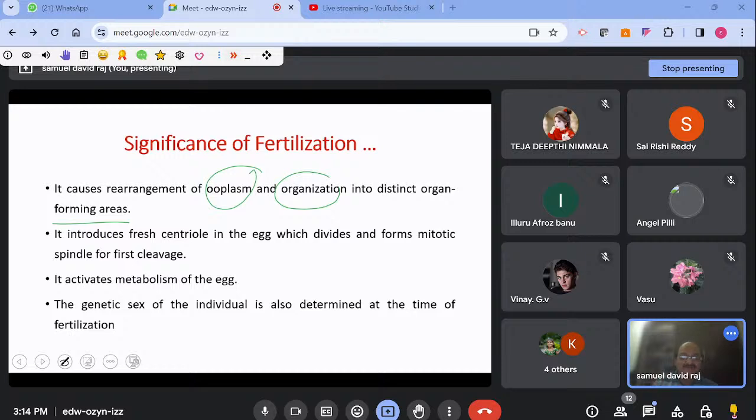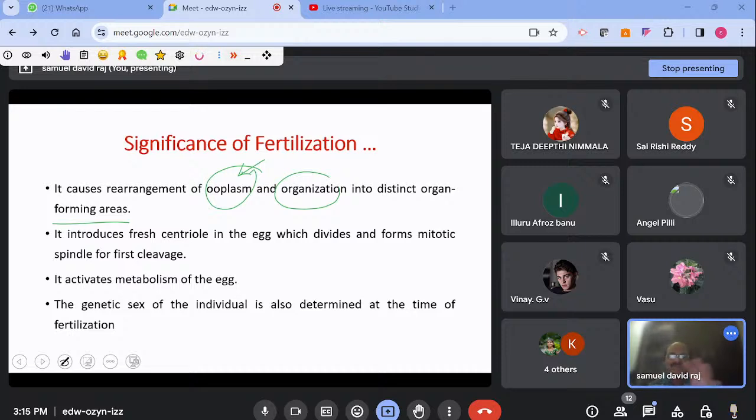When I started this class, I told you about the predetermined fate of certain organ forming areas of the cytoplasm of the egg, based on which the development can be mosaic or regulative.